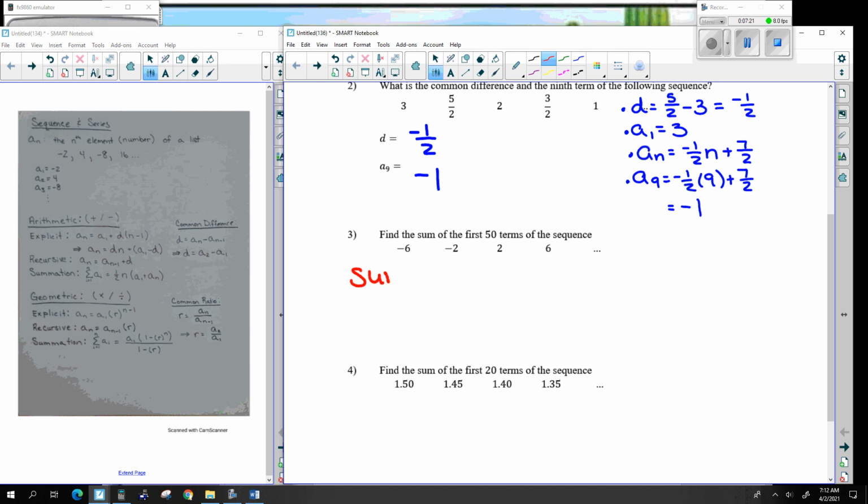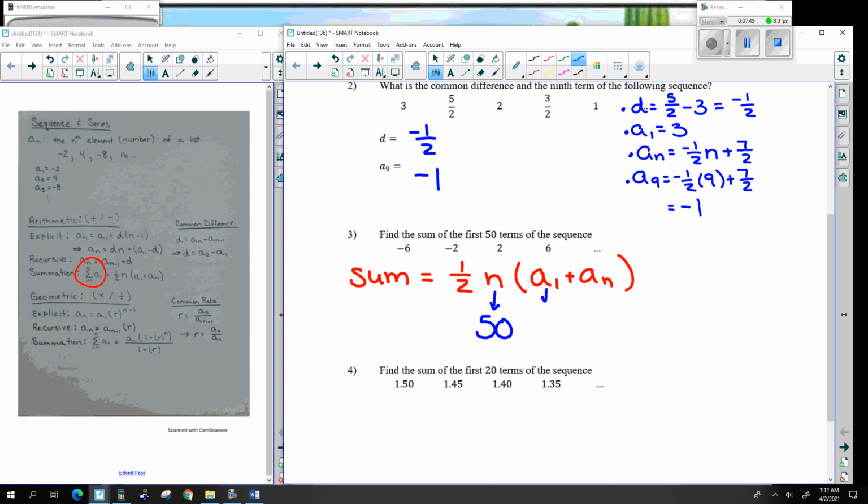This is in essence the sum. That's what this sigma thing is. The sum is 1/2 N times A1 plus AN. Breaking this down, N is the number of terms, so in this case that is literally the number 50.